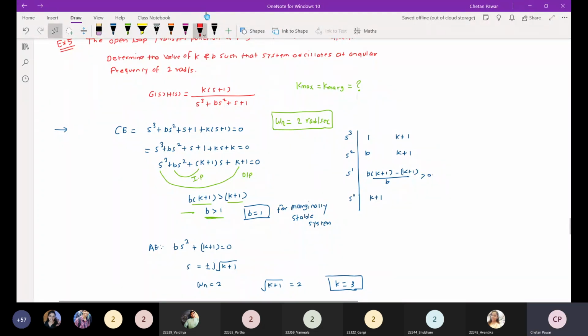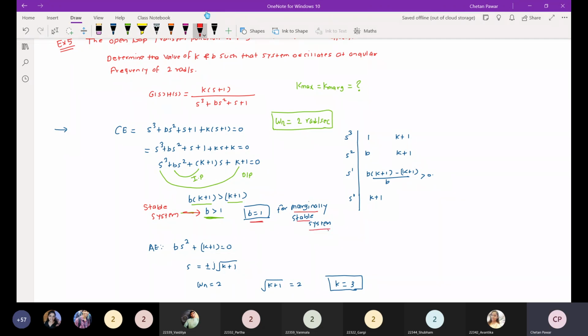When b is equal to 1, the system will become marginally stable.